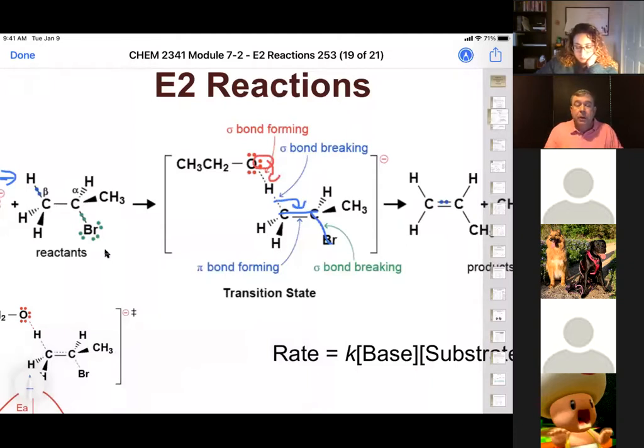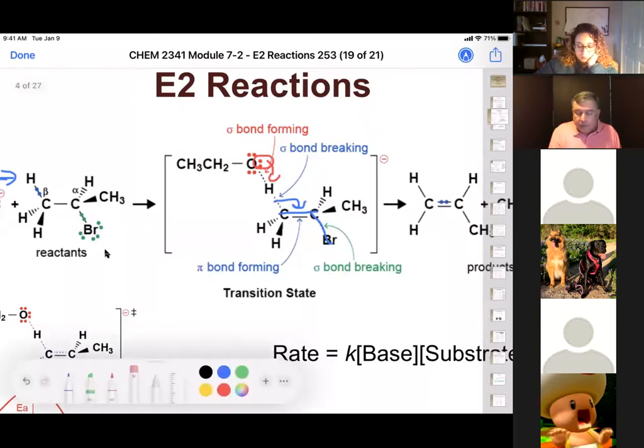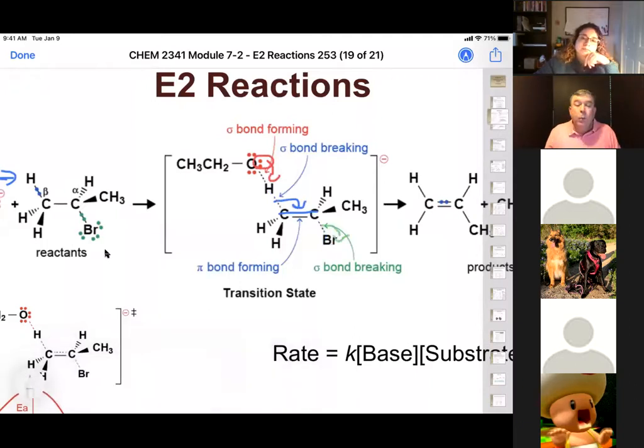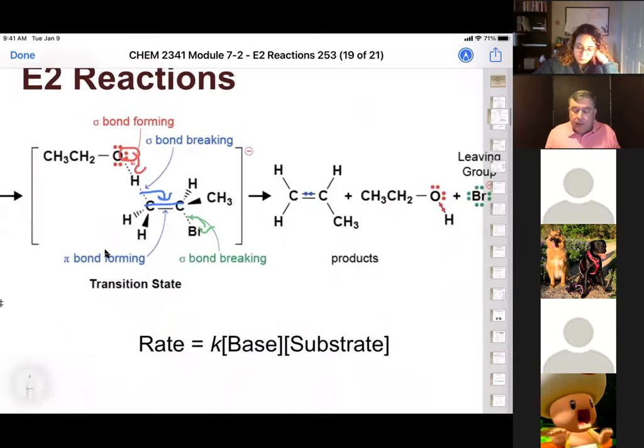So 2 electrons have come in, 2 electrons have moved over. The last 2 electrons are the ones from the bond with the bromine, and they go with the bromine, giving it a negative charge. So it's a concerted reaction where we have a total of 6 electrons moving around. At the end of the reaction, we have our alkene, our base has been protonated, and our leaving group as an ion.